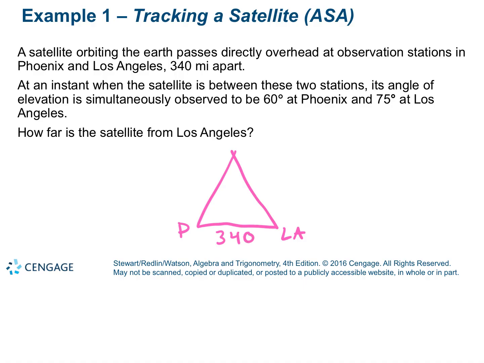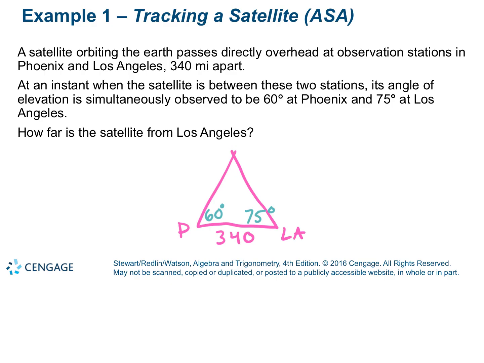At an instant when the satellite is between these two stations, its angle of elevation is simultaneously observed to be 60 degrees at Phoenix. So Phoenix is going to be 60 degrees. And 75 degrees at Los Angeles. How far is the satellite from Los Angeles?